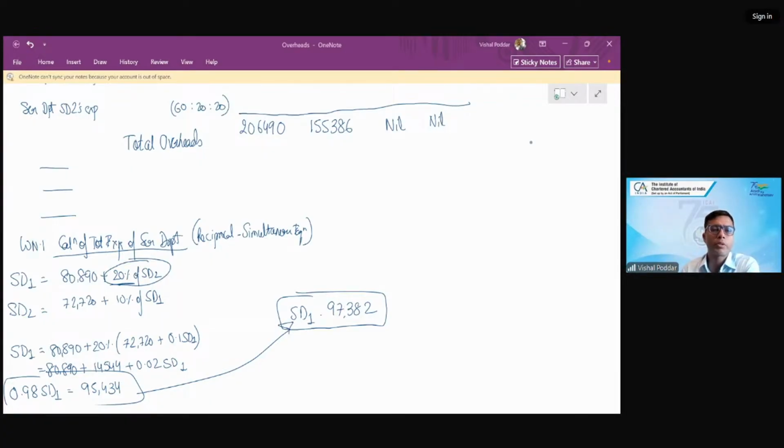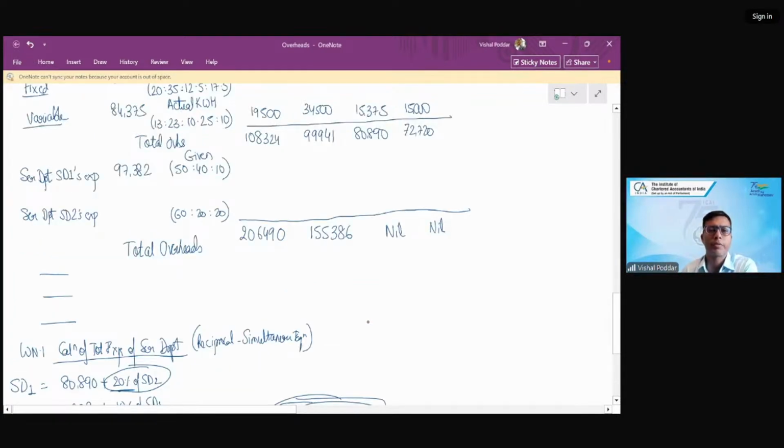Nitya beta, my totals are different. They are on the screen. Please check with your totals. Firstly, check whether you have got this figure for SD1. And then only after distributing this, you'll get these figures. So first check whether your SD1 calculations are same.